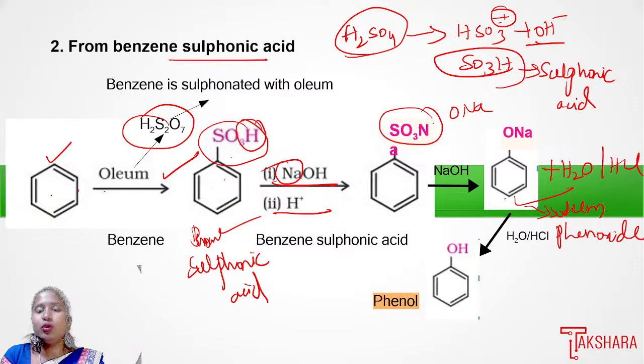We can also write this as SO3H, which we call sulfonic acid. Now if we treat the benzene ring with oleum, which has the formula H2S2O7, benzene undergoes sulfonation with the oleum reactant molecule.